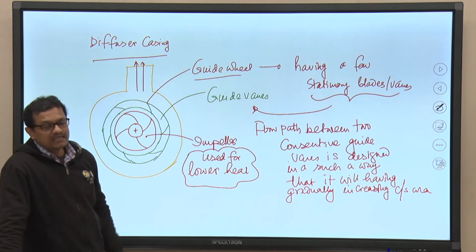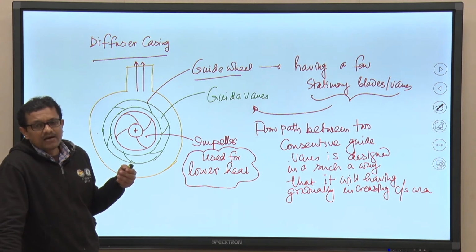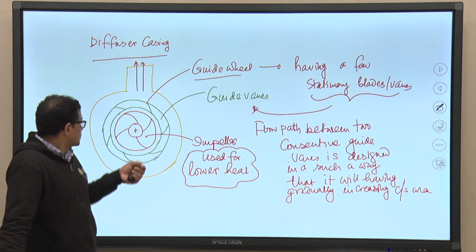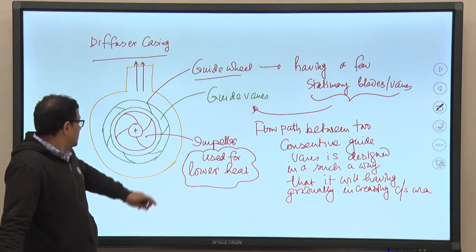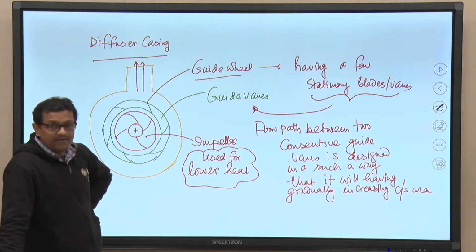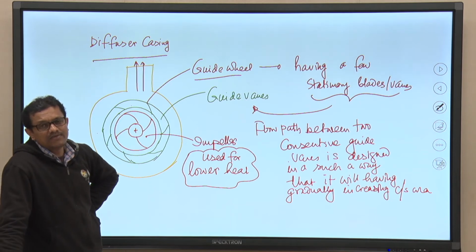First of all, the casing is again a mechanical part that should be designed properly. Most importantly, for the diffuser casing, the inlet angle of the guide vane should coincide with the absolute velocity of water leaving the pump impeller, otherwise there will be separation losses.